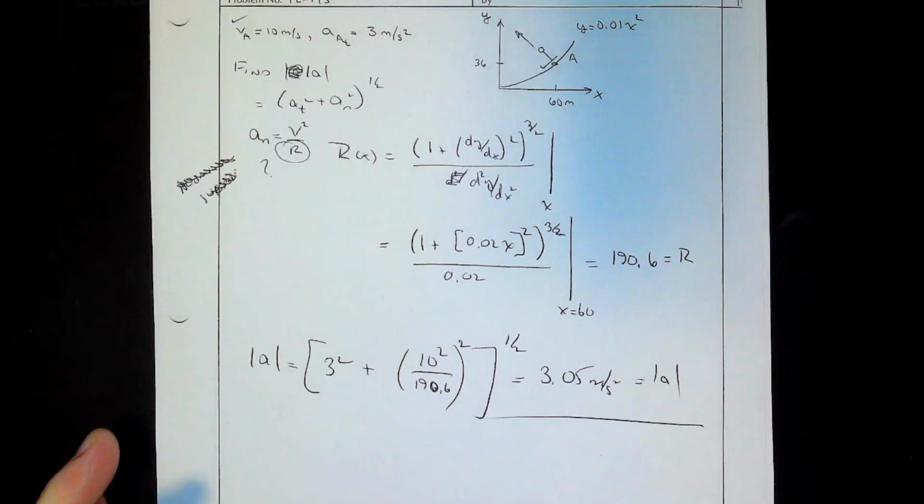So here's the equation. Radius is a function of x. So here's this curve, y is equal to 0.01x squared.